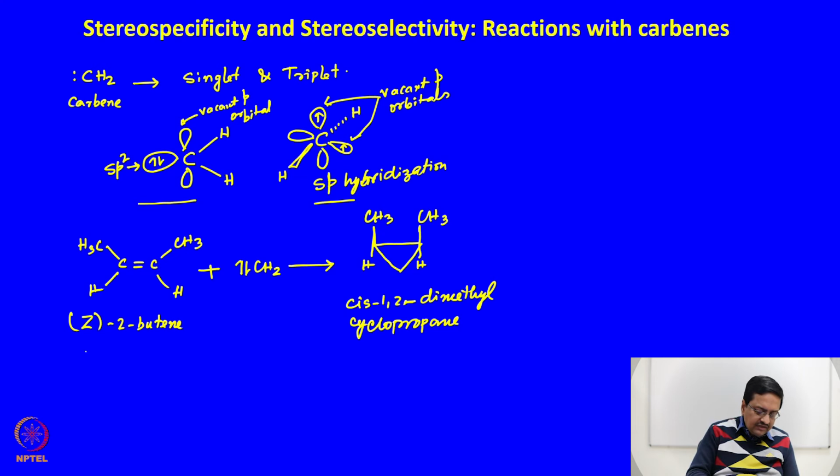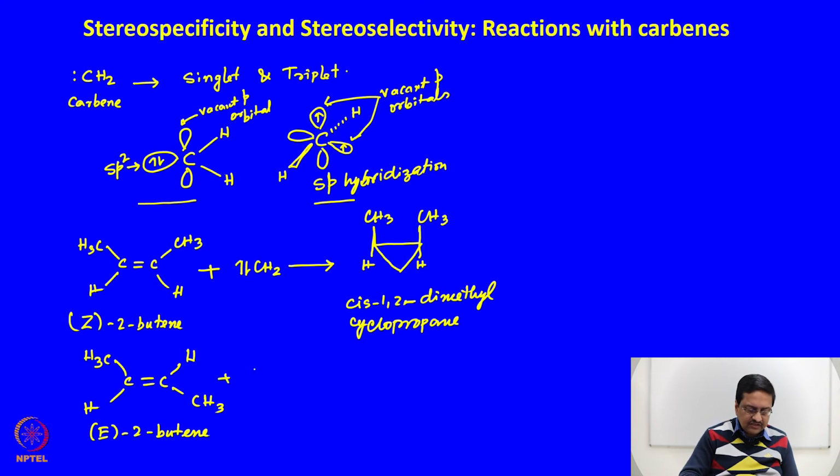Similarly, if we start with the corresponding trans variety, that is the E-2-butene, and do the same reaction with the singlet carbene, we would end up getting the corresponding trans dimethylcyclopropane derivative.